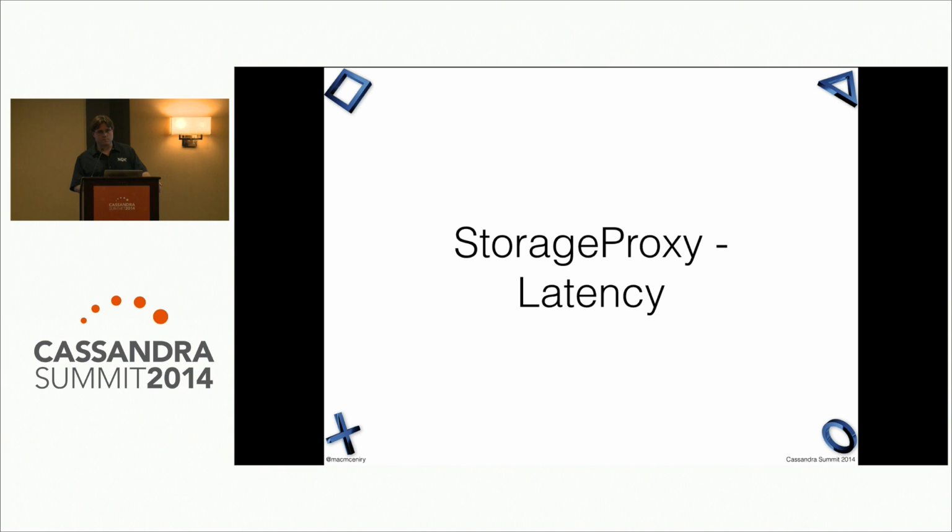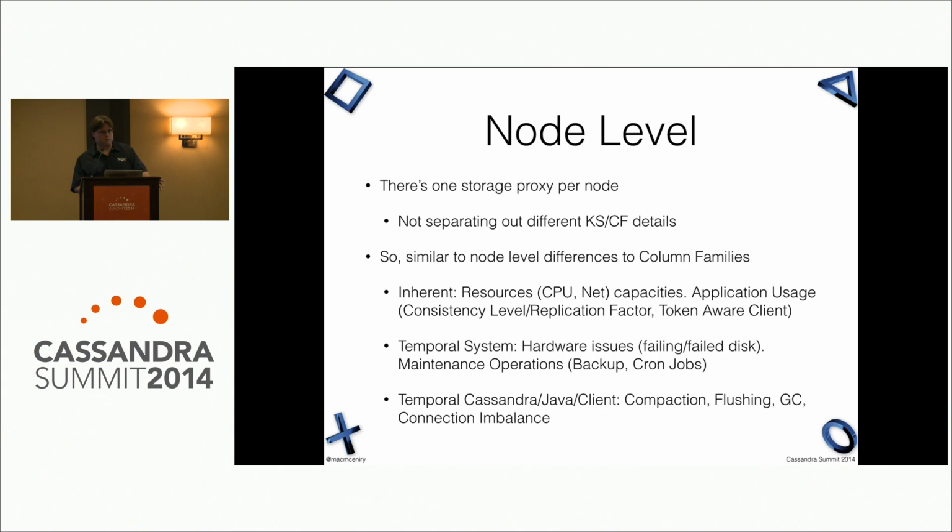When you look at the storage proxy, what you're concerned about here is more the interaction between the cluster than it is any given read or write operation on a node itself. So there's one storage proxy, or the coordinator, for any given node. So all of your requests that are here, all of the data that you see here, it's going to be commingled.